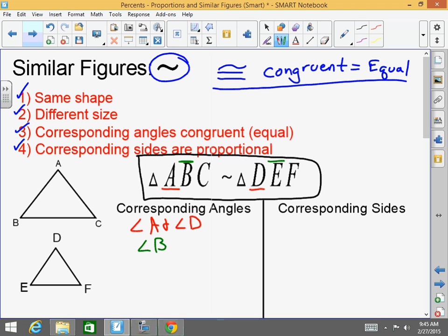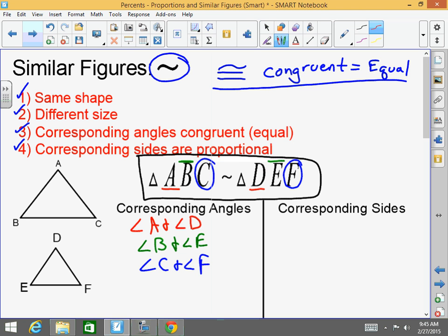So angle B and angle E are corresponding. And my third letter of my first triangle and my third letter of my second triangle are corresponding. So that means that angle C and angle F are corresponding.